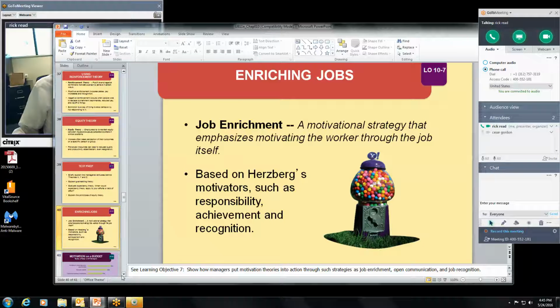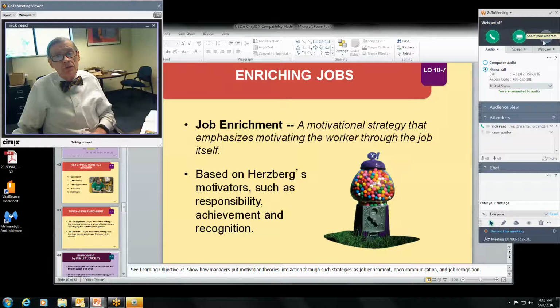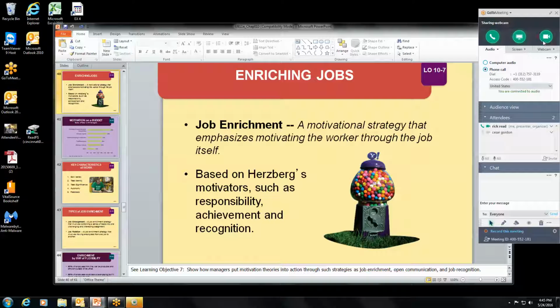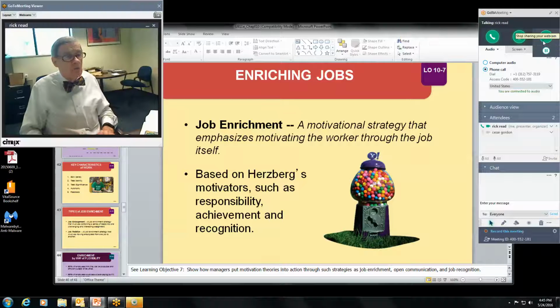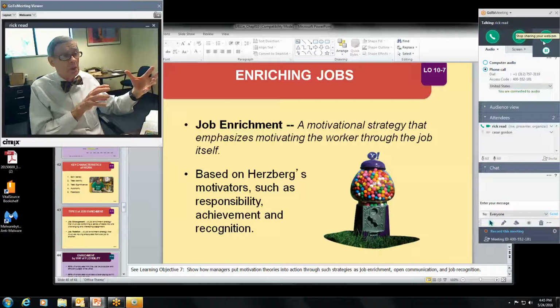By the way, this is the lecture discussion question: how does Herzberg's theory relate to job enrichment? You can look at that and make sure that you tie that in and show how the various things within job enrichment tie into Herzberg and vice versa.